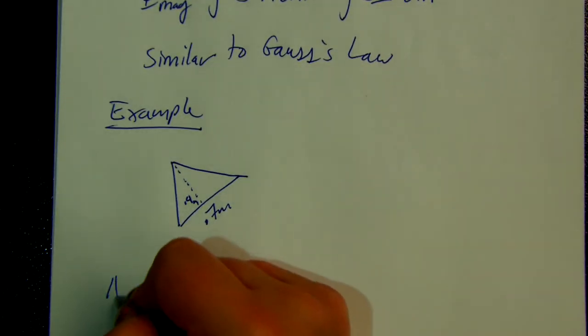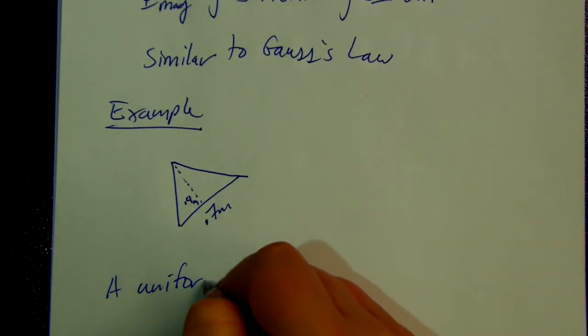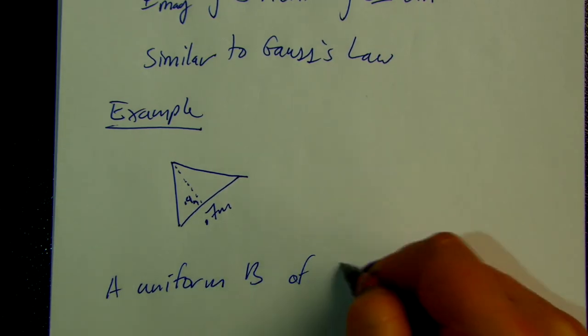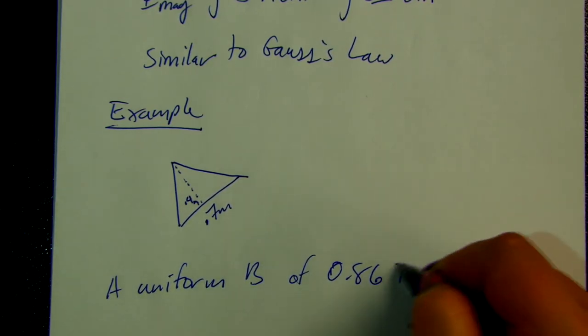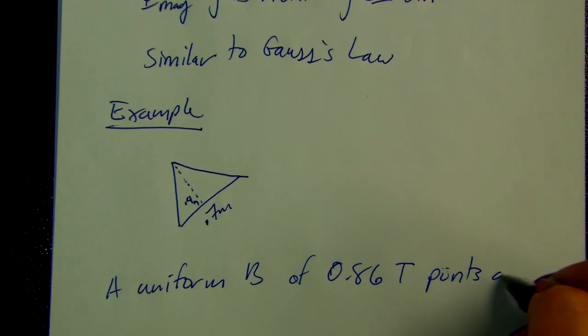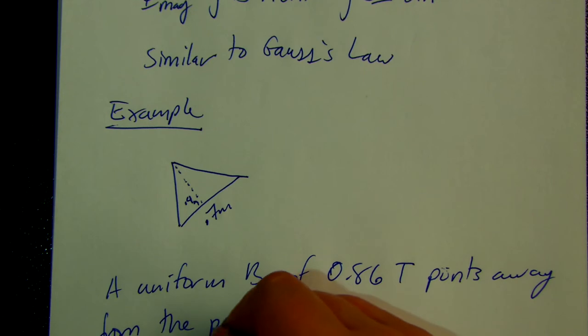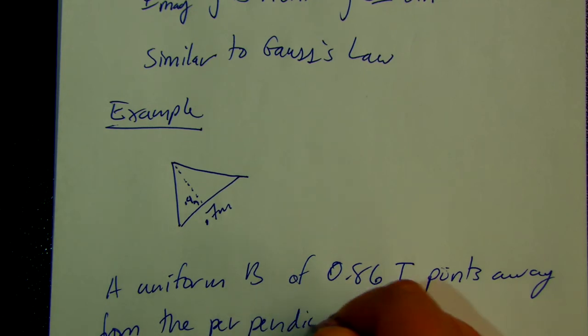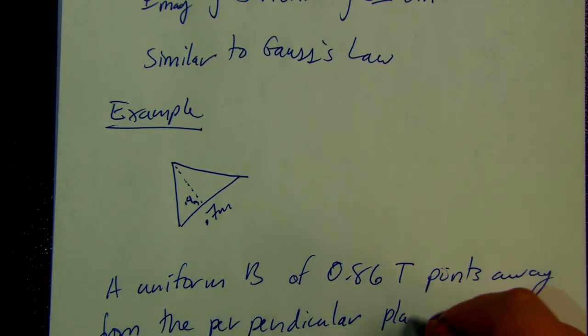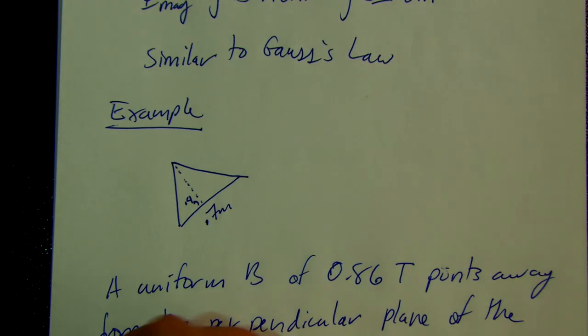And then we have a uniform B of 0.86 Tesla that points away from the perpendicular plane of the triangle loop of wire. And what we want to know is, what is the magnetic flux?